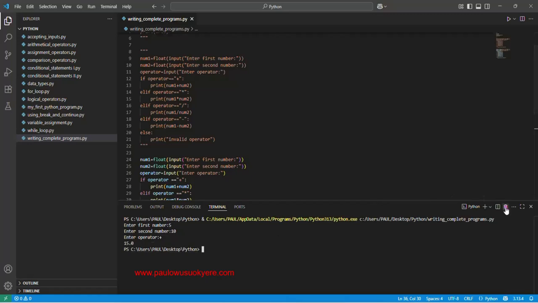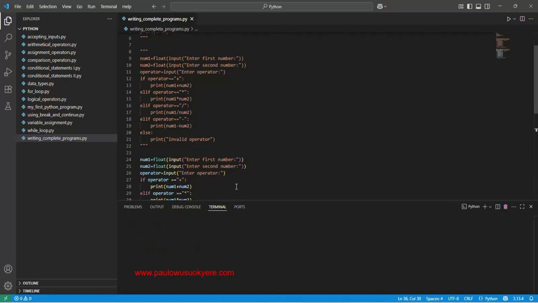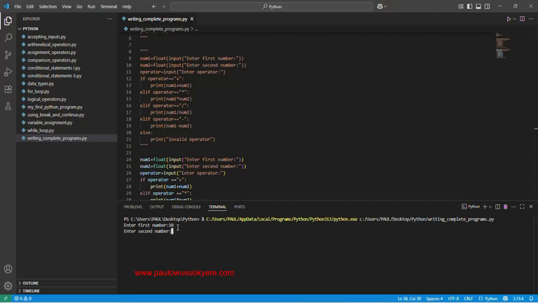Now let me run it again. Enter first number 10, enter second number 5, enter the operator, I can say division. I press enter, so it will divide 10 by 5, which is 2.